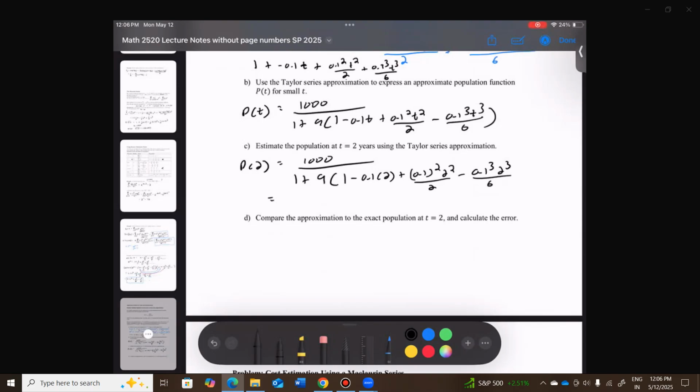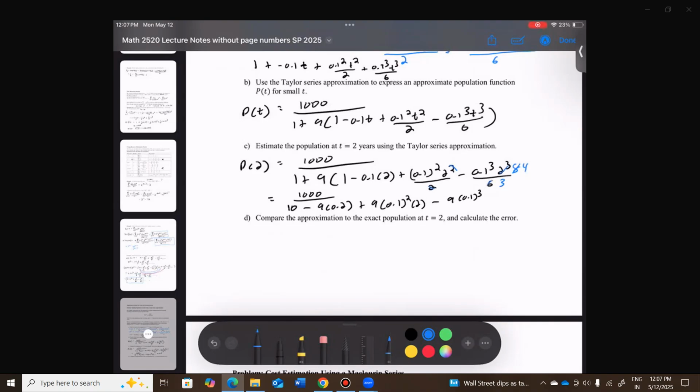And so this is 1000. We'll have 1 plus, as we distribute the 9, 1 plus 9, which is 10, and then minus 9 times 0.2, plus 9 times, and so this 2 will cancel, so you have the 0.1 squared times 2, and then minus 9 times 0.1 cubed. 2 cubed is 8, so some things will cancel down: 8 over 6 would be 4 over 3.